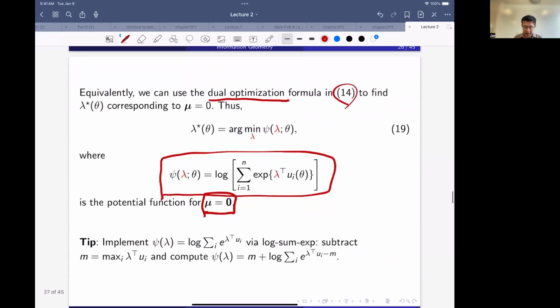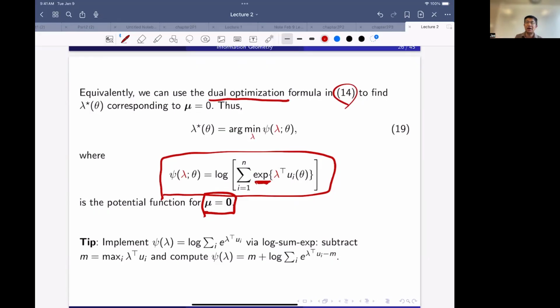Okay. Well, there's a computational tip. Mathematically, this is complete. But when you actually program and do computation, there are a lot of techniques. For example, usually when you take the exponential transformation, think about it: if this is like 20, what is the exponential of 20?